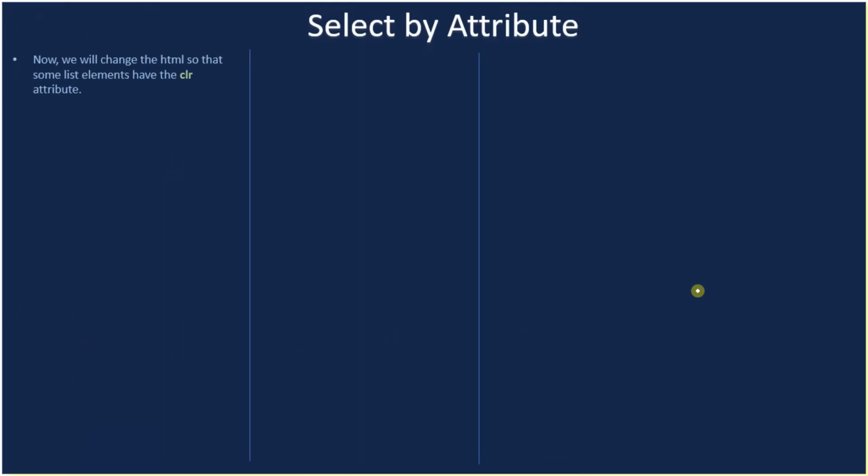Now we will change the HTML so that some list elements have the CLR attribute. Here, if you see, we are going with the attribute. The attribute name is CLR, and it's a custom attribute, we can say.